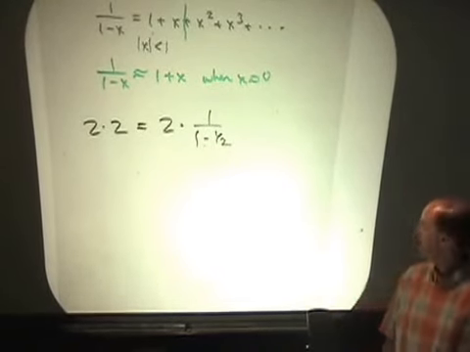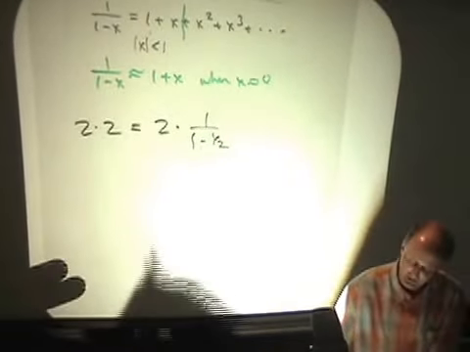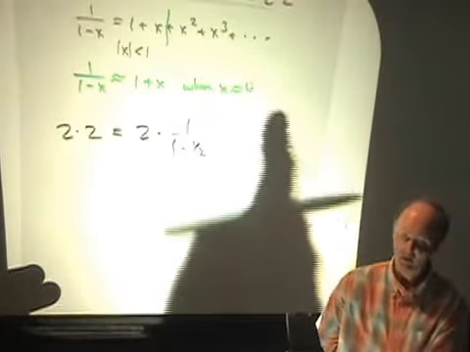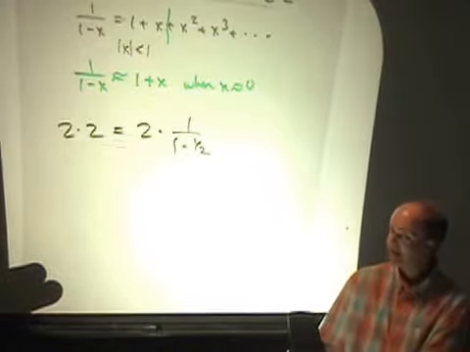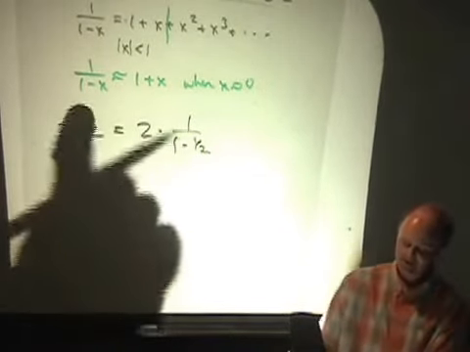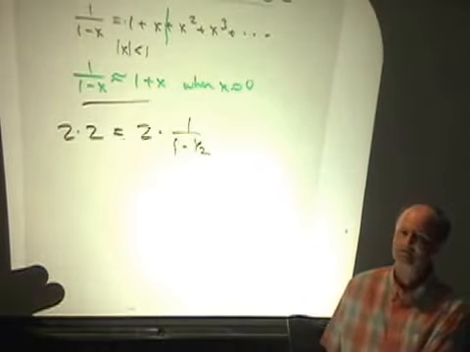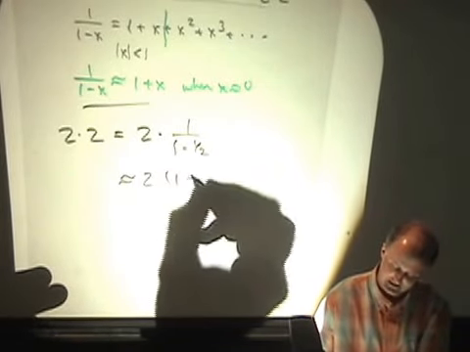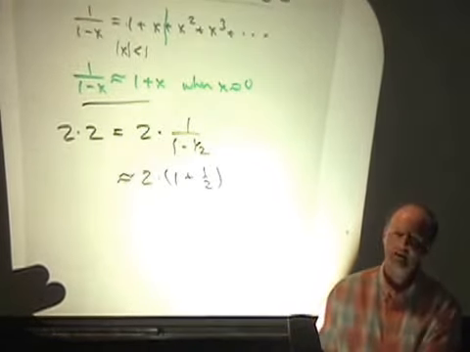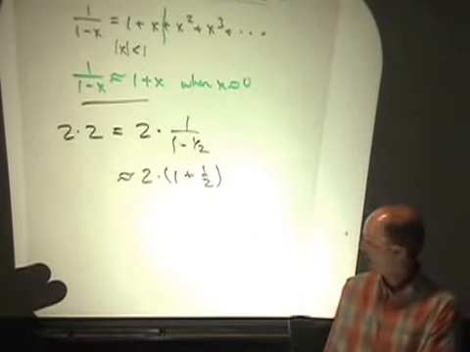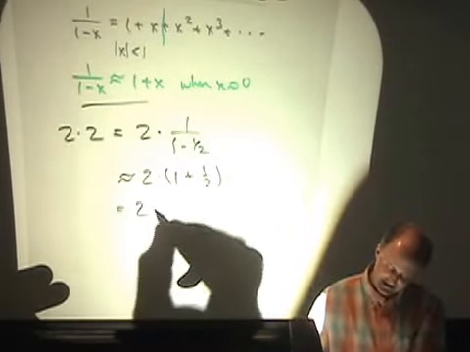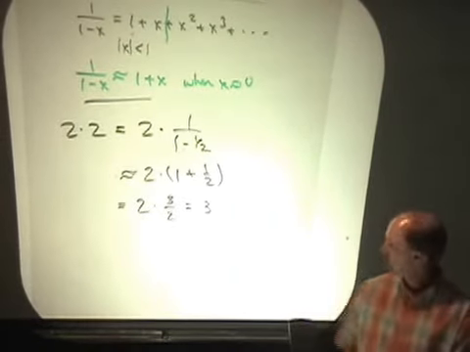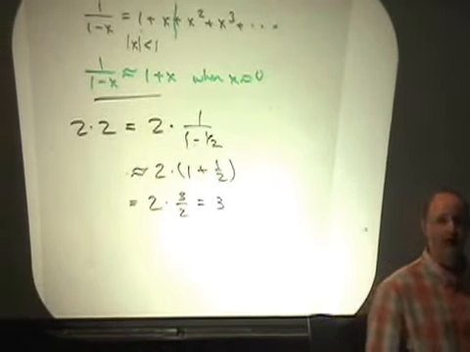And since engineers like using geometric series so much, why not go up here and replace the x with 1/2, or better yet, cut off the nonlinear terms. Just use this approximation right there. There we go. That's an approximate equation. 1 plus 1/2 is 3/2. So an engineer would approximate 2 times 2 as 3.